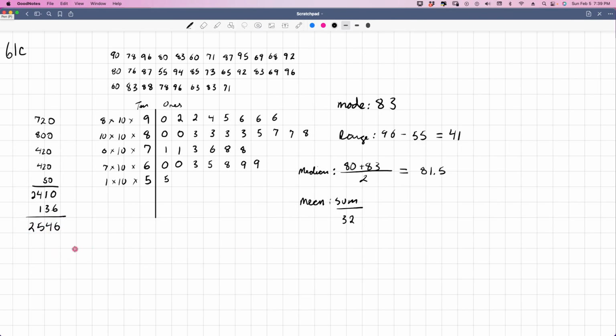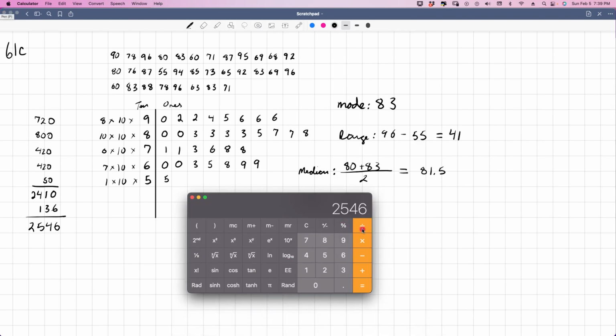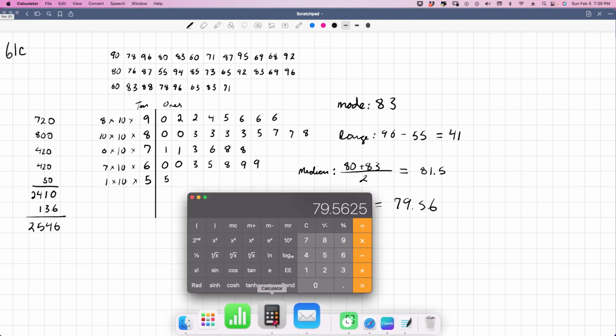That's our total. We're going to divide that number by 32 to get our mean. Divided by 32, that's going to be 79.56. And I believe that's where we want to stop. So let's just say 79.56. Let me double check that. Yeah.